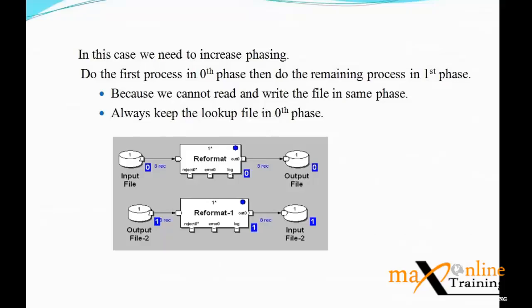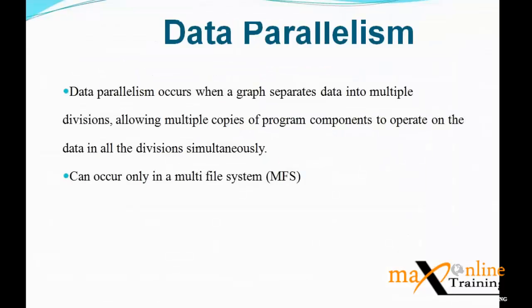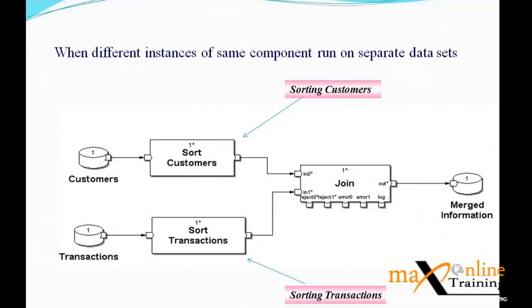You can change the phase of every component so that it will execute at a later time, thereby utilizing the resources effectively. By default every component will be in phase 0, such that every component will start at the same time. Suppose you want to start a particular component after some components have executed, then you will increase the phase of that particular component.